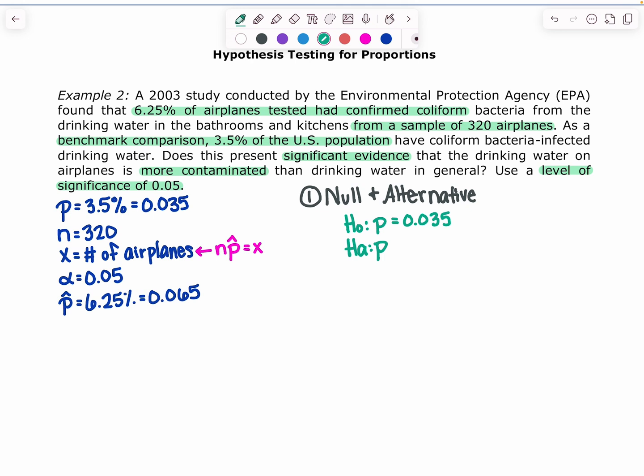And then we want to test if the proportion is higher than the 0.035. Do the airplanes have a significantly higher amount of this bacteria compared to drinking water in general?